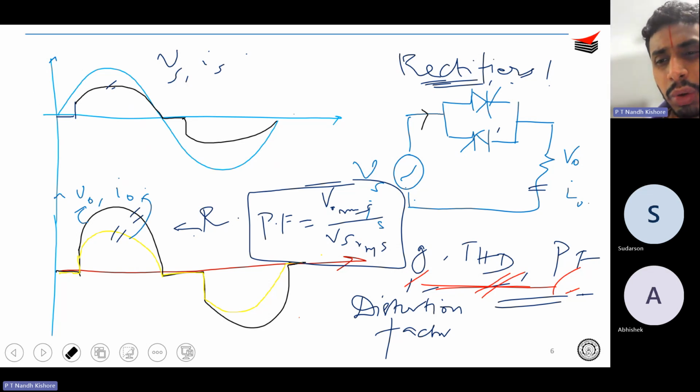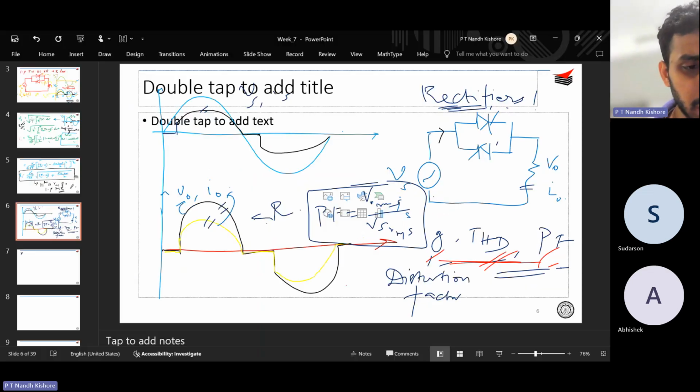So one thing I wanted to mention: was this concept told to you or not, about the source current? Can you guys tell me?